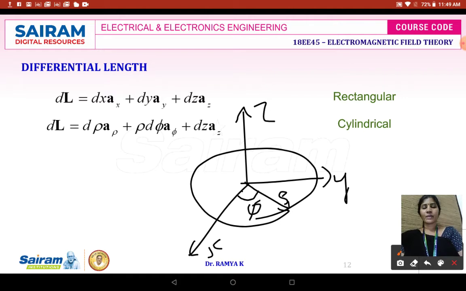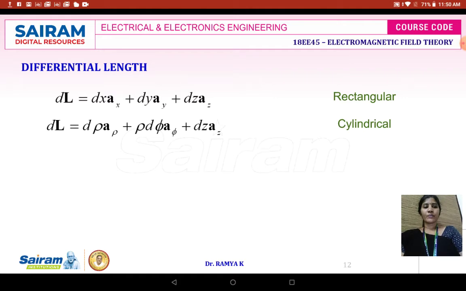It is not that the differential elemental length has to be assumed only here; it can be assumed throughout this circle. Therefore, the value of phi varies all over this circle. That is why in the second term you get rho d phi a phi, plus dz az, in the cylindrical coordinate system.